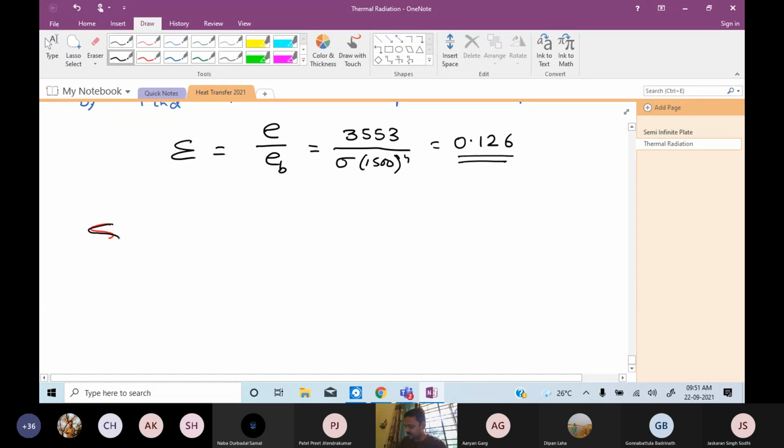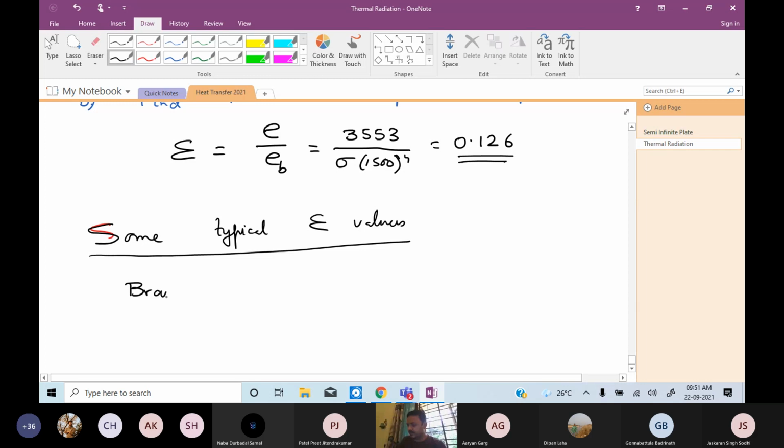Okay, so while you are framing your questions, let me give you some idea of what emissivity values are. Some typical epsilon values. So let us say metals, brass. Unlike thermal conductivity, which is a bulk property of the material, this is a surface property.